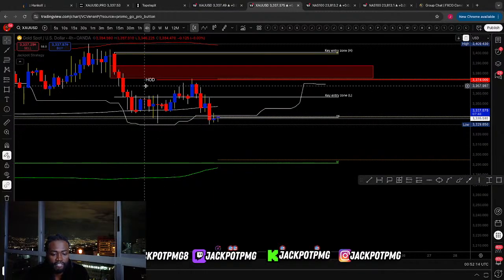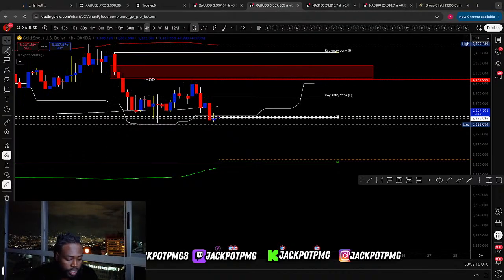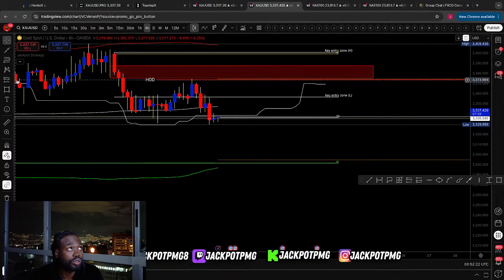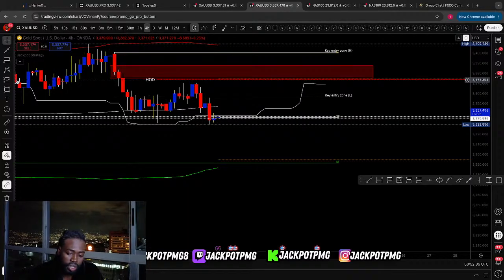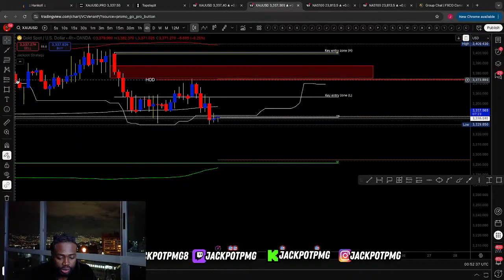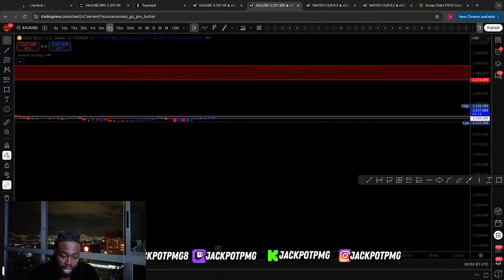Yes, like that. High of day, and then we had the middle. We need to put the middle because the middle is just what's going to always give us that entry if we miss whether it's the daily high or daily low. But I don't like the middle entries. I'm gonna give it to you guys anyway, and then we're going to just master gold, man.